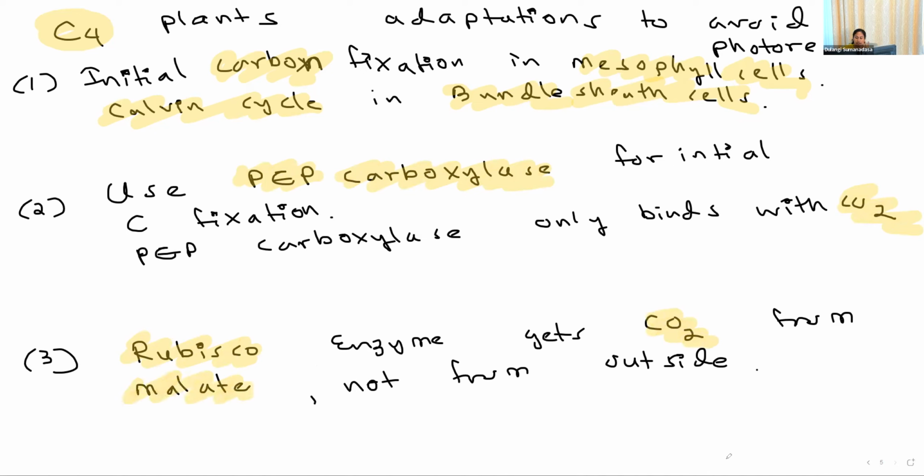They're not getting carbon dioxide from the atmosphere, right? So it's going to have a steady supply of carbon dioxide. Rubisco is going to have a constant carbon dioxide supply, and it's not going to deal with oxygen because it is kept inside the bundle sheath cells, away from oxygen.